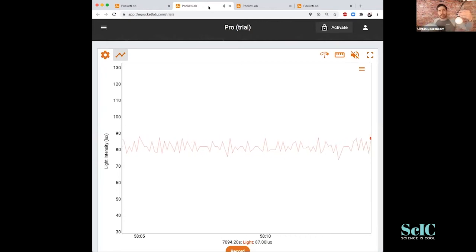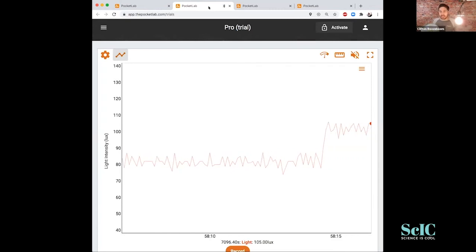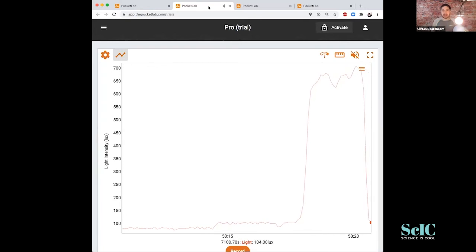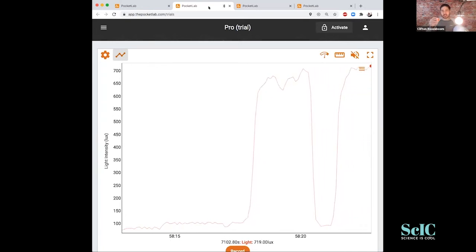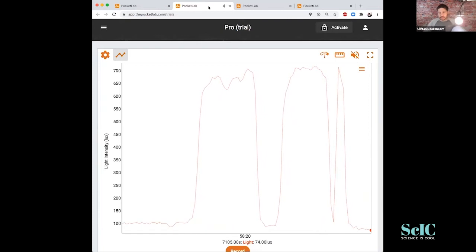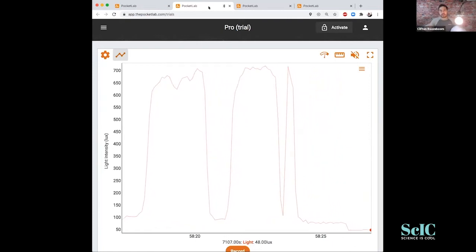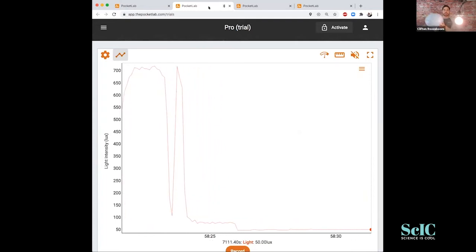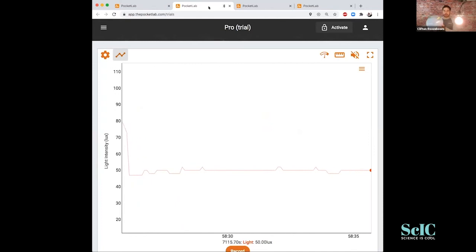So I'm going to start the nuclear reaction in our sun. You may have seen the light intensity jump up on our screen coming from the PocketLab. We'll turn off the house lights so it makes it a little bit darker. And then in this activity, here's our sun, here's our Earth.